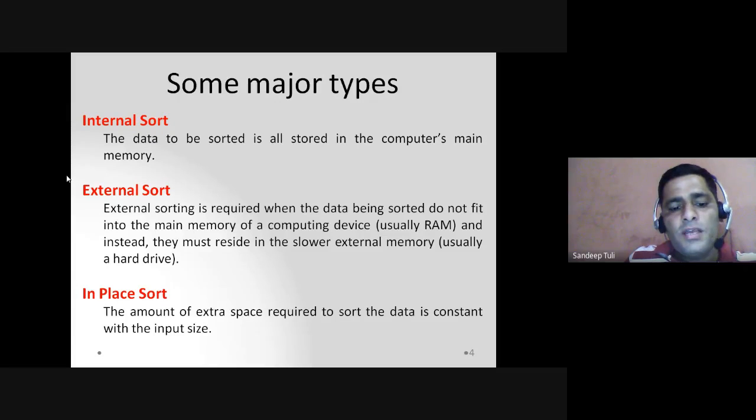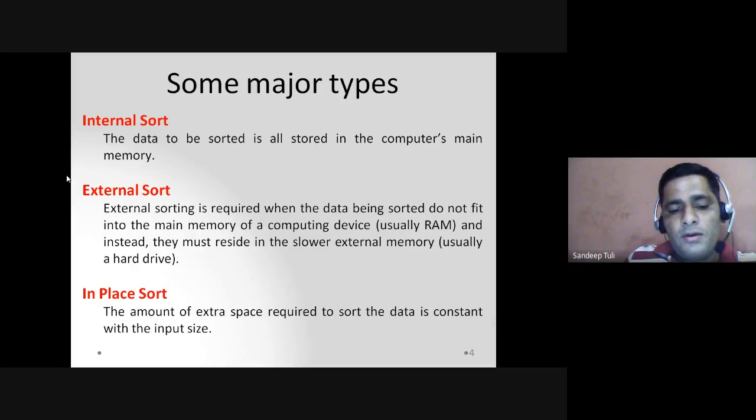So it is an in place sort algorithm. Sometimes we require swapping values, and suppose 5 elements are given to me and I need some extra space to sort the values. In that case, if the extra space does not depend upon the input size, then it is known as an in place sort algorithm.